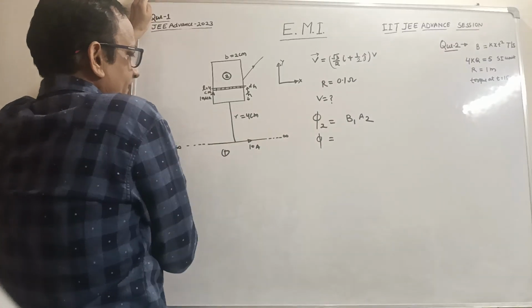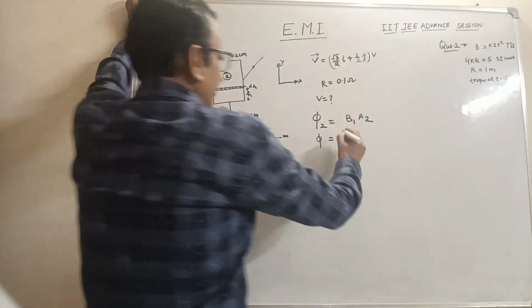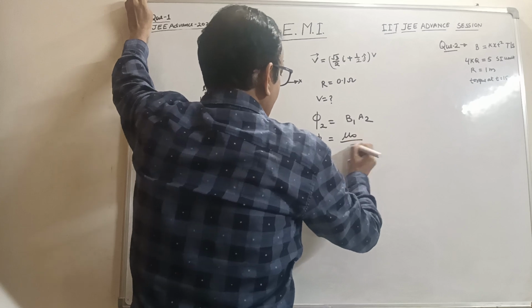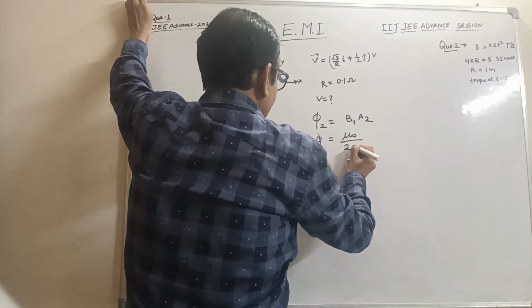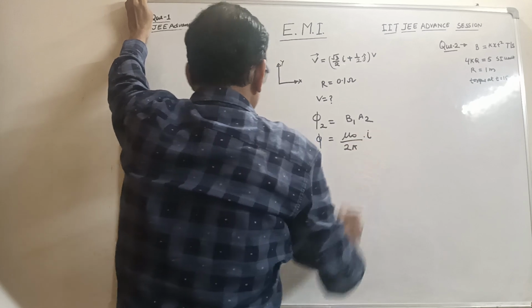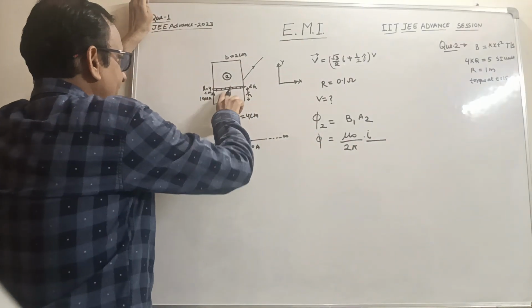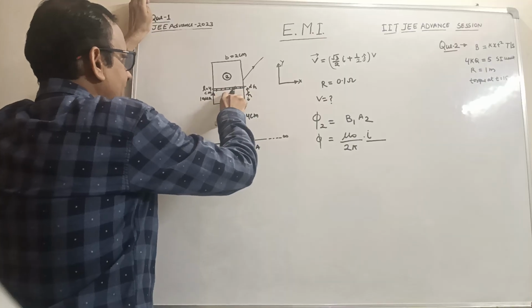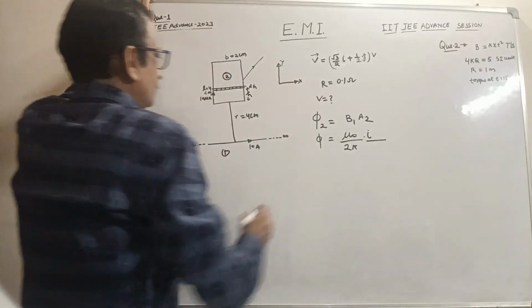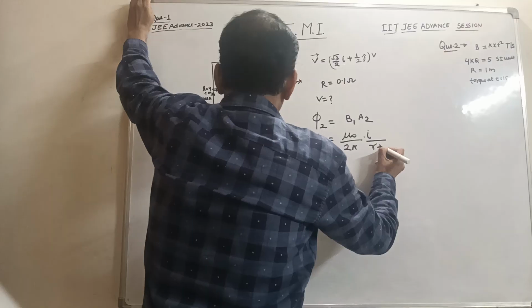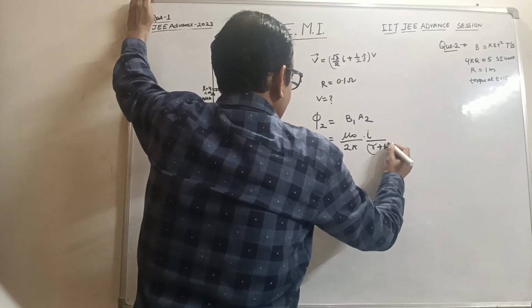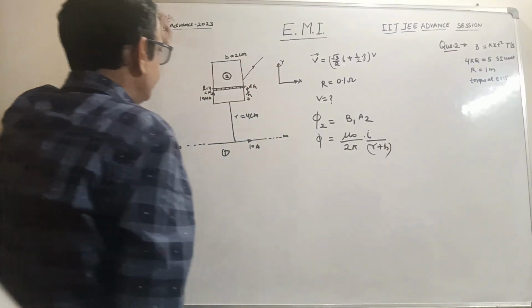For an infinite long straight wire, the magnetic field is mu naught upon 2 pi into I upon R, and here it would be R plus H. We have to find the magnetic field here, then we integrate.